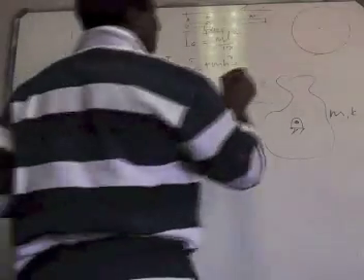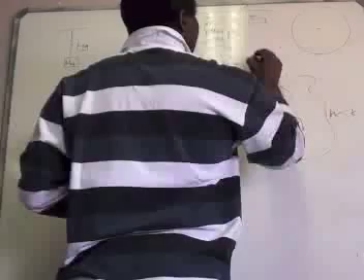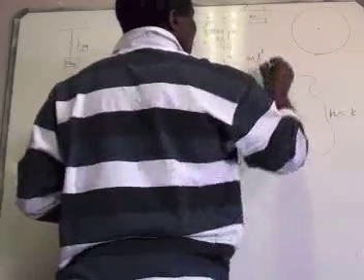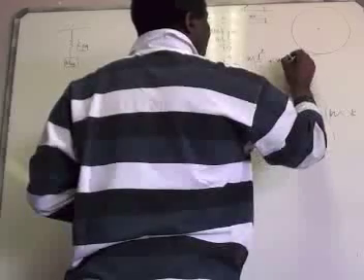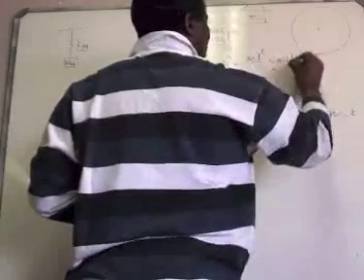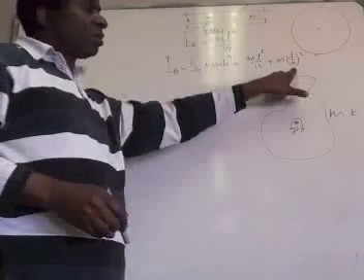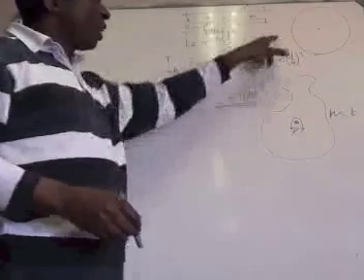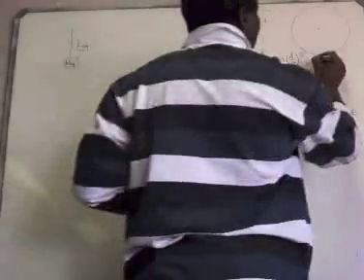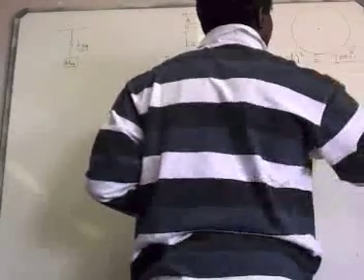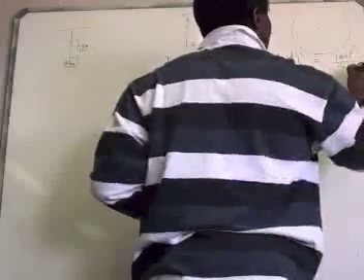So it's going to give us ML squared over 12 plus M times L over 4, squared. And that gives us 16, so over 12 plus over 16. And I'm sure it will give us 7ML squared over 48.